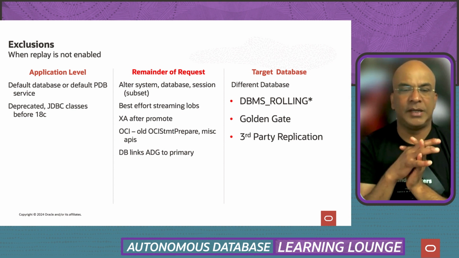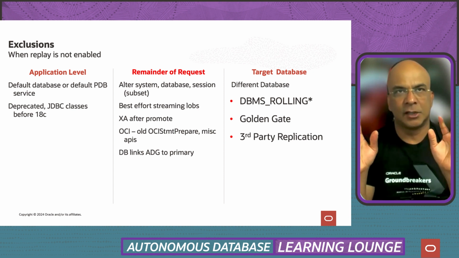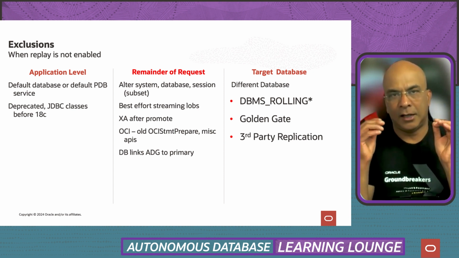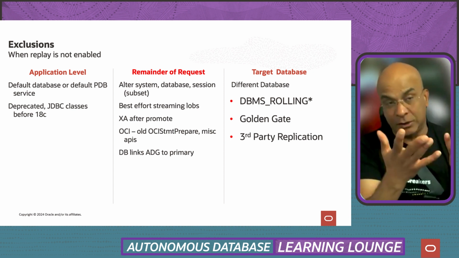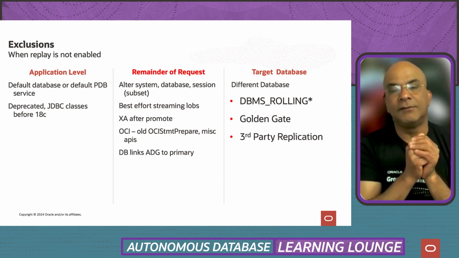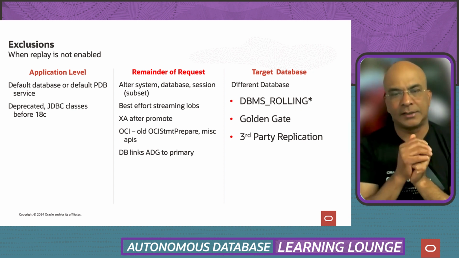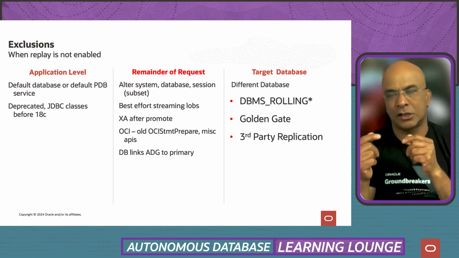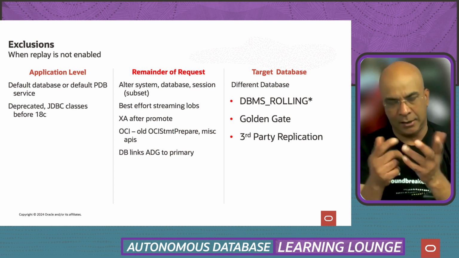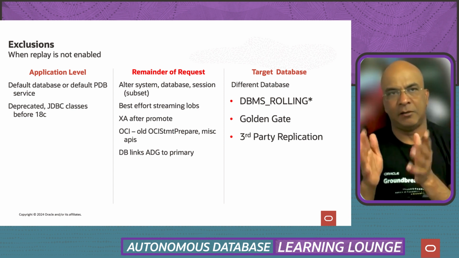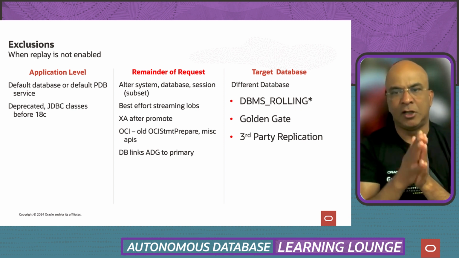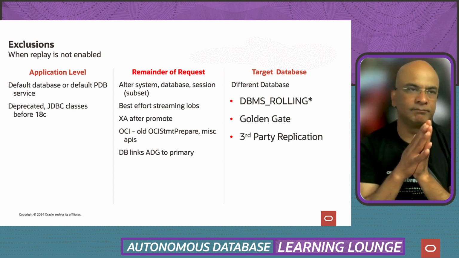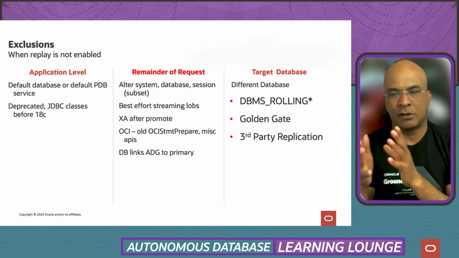certain target databases. One of our customers had this use case where they are trying to use AC or TAC for failing over to a different database. Now, we don't allow that, because remember, I talked about the transaction outcome API that requires the database ID to be exactly the same. That means we cannot use it with GoldenGate or third-party replication.